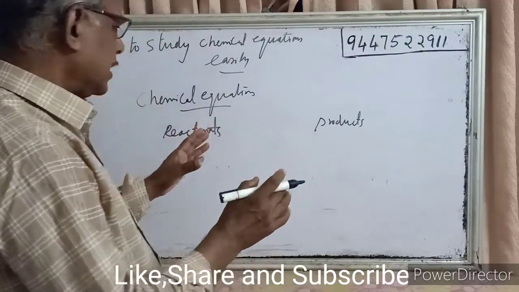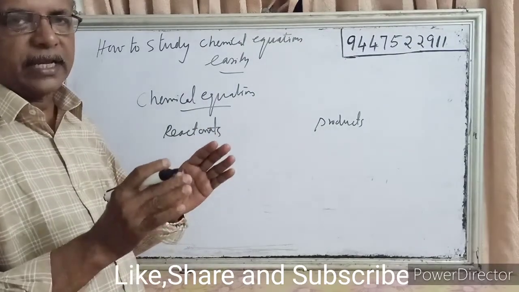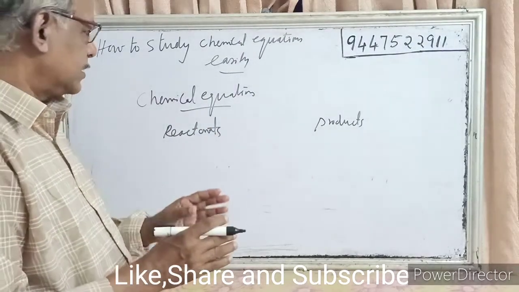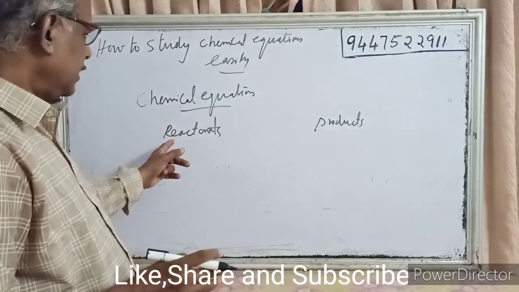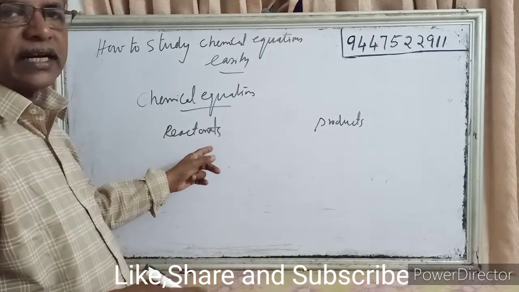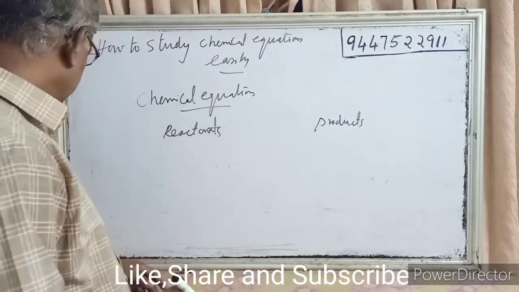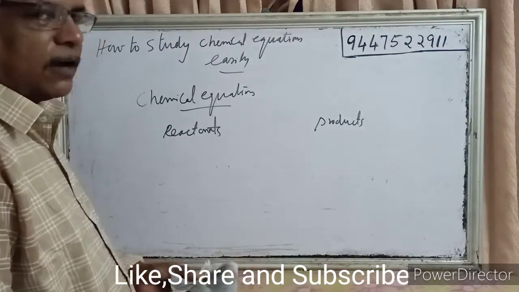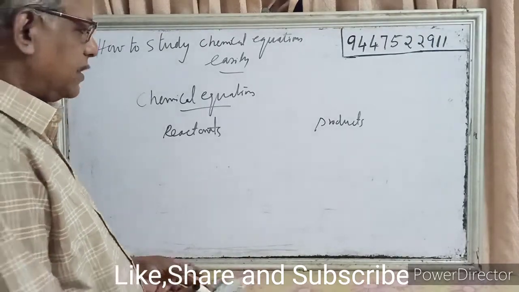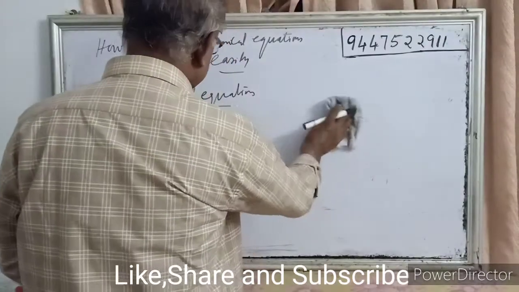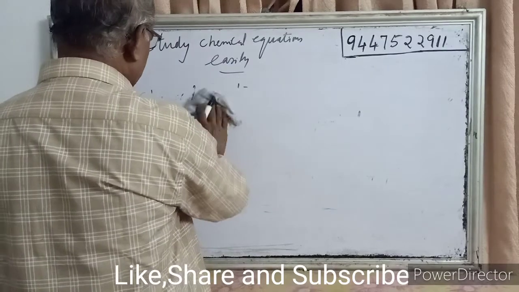So a chemical equation simply contains reactants, the chemicals taking part in the reaction, and products, the substances obtained after the chemical reaction. So, an example you have to study.